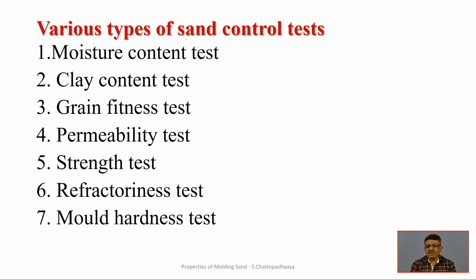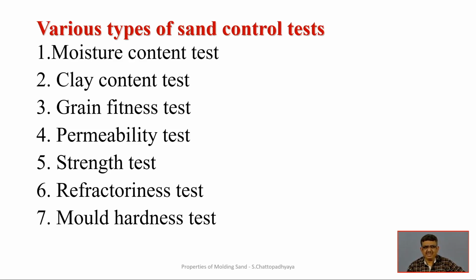One is the moisture content test. We have already discussed the clay content test, where silt values and all those things are checked. In many cases, plants require nutrients from the ground, so clay can be a source of some nutrient. The grain fineness test checks whether the grains are of the same, uniform variety.